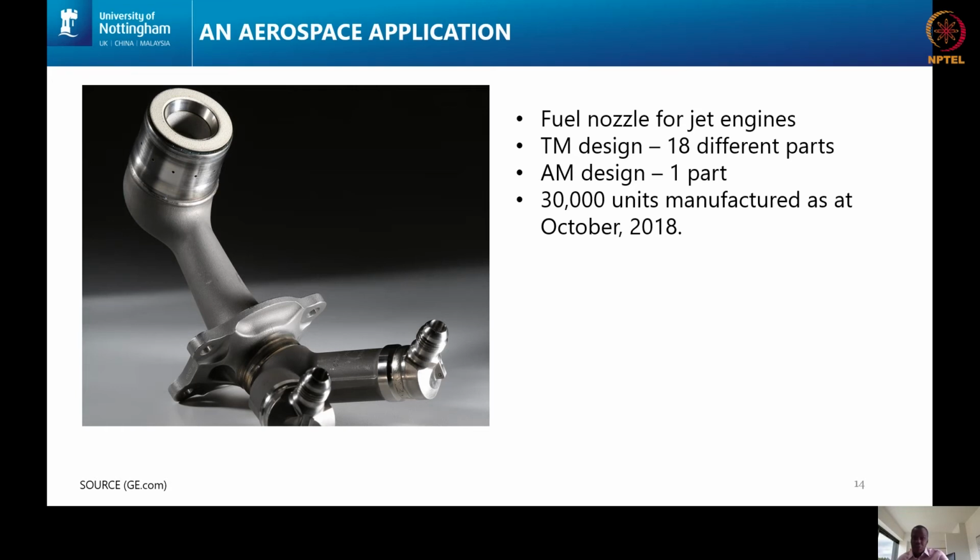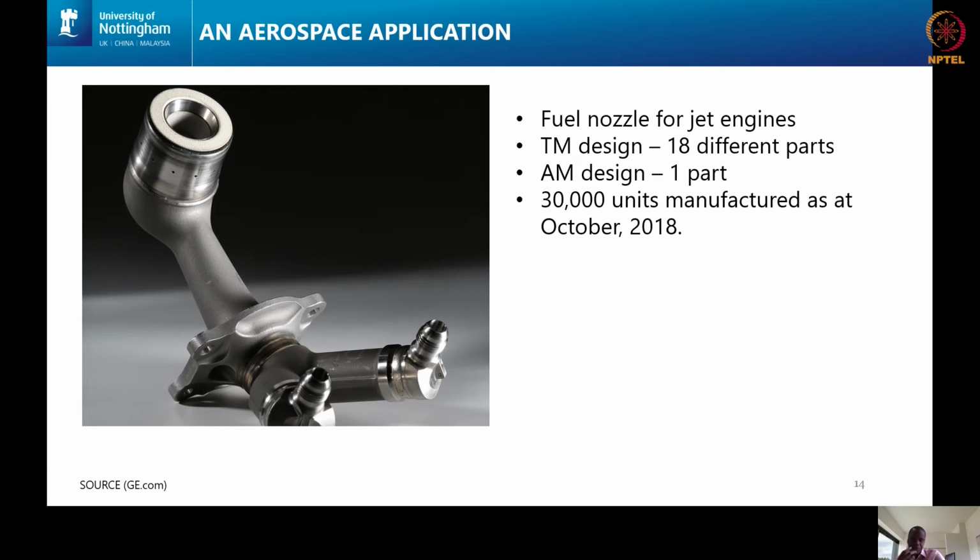This has been a very successful application of 3D printing in the industry. And as a matter of fact, in October 2018, General Electric celebrated the production of 30,000 units in its series production line.